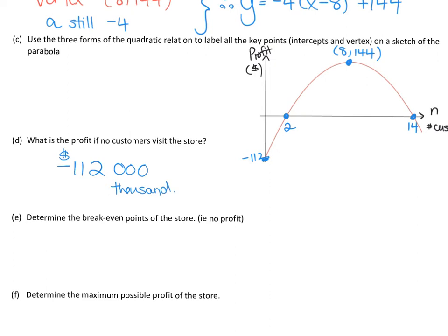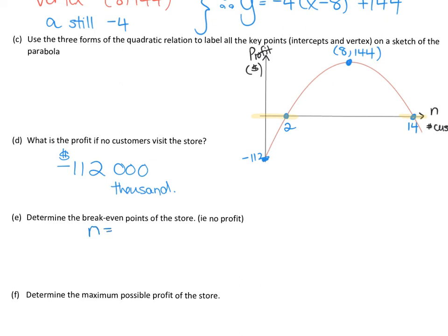Okay, the next question, determine the break-even points of the store, i.e. no profit. Remember that this right here is zero profit, right? So here's where you make zero profit. So break-even points are really the x-intercepts, right? So we see that it's when n is 2 and 14, but don't forget, go back to the original question, n is number of customers in 10,000s.